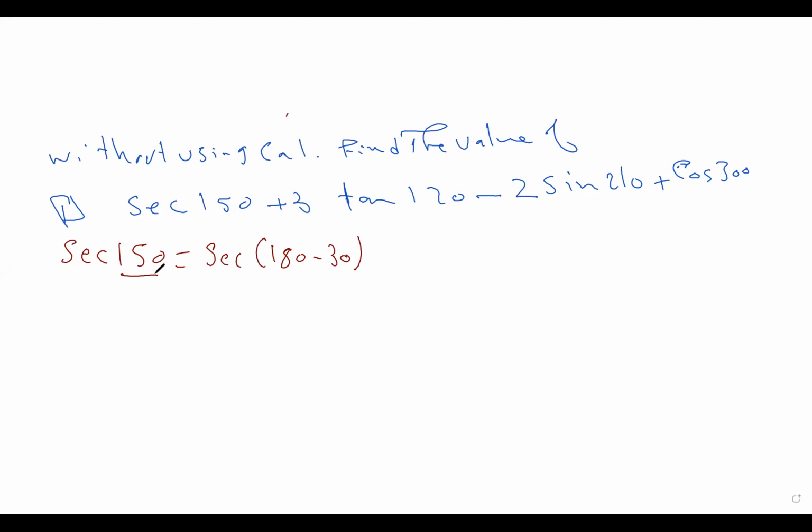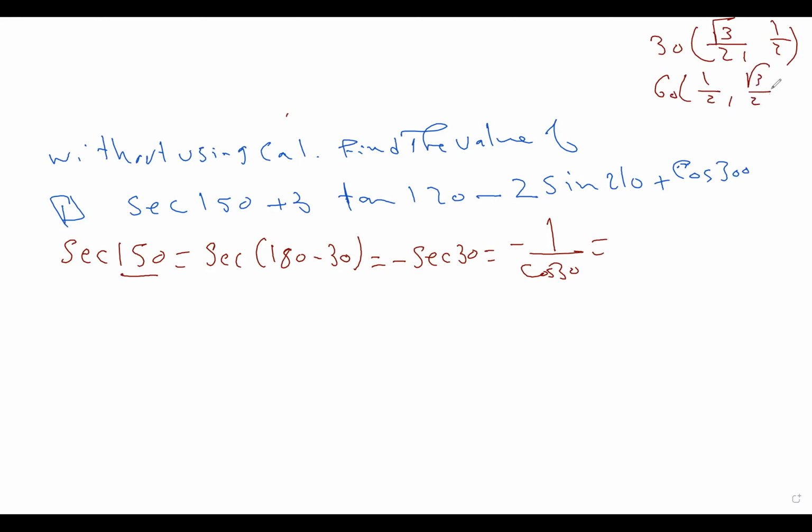So sec 180 minus 30 in the second quadrant will be negative sec 30, which equals negative 1 over cosine 30. And 30 has the properties root 3 over 2 and half, 60 has 1 over 2 and root 3 over 2, and 45 has 1 over root 2 and 1 over root 2.